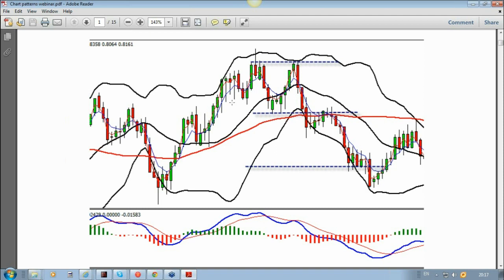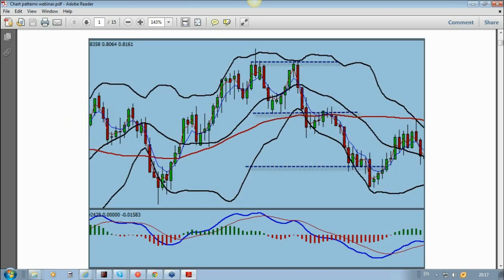I don't want to confuse you, just watch. There is no specific way to count, just with the eye. We see the first move up here, we see the correction, which is number 2. We see number 3, we see correction number 4, and we see number 5. Then 1, 2, and here is a double top.